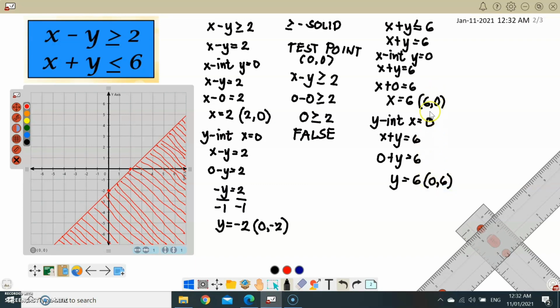So we're going to plot the points on the Cartesian plane. At this time, I'll be using a green color. So (6, 0) is here, and (0, 6) is here.